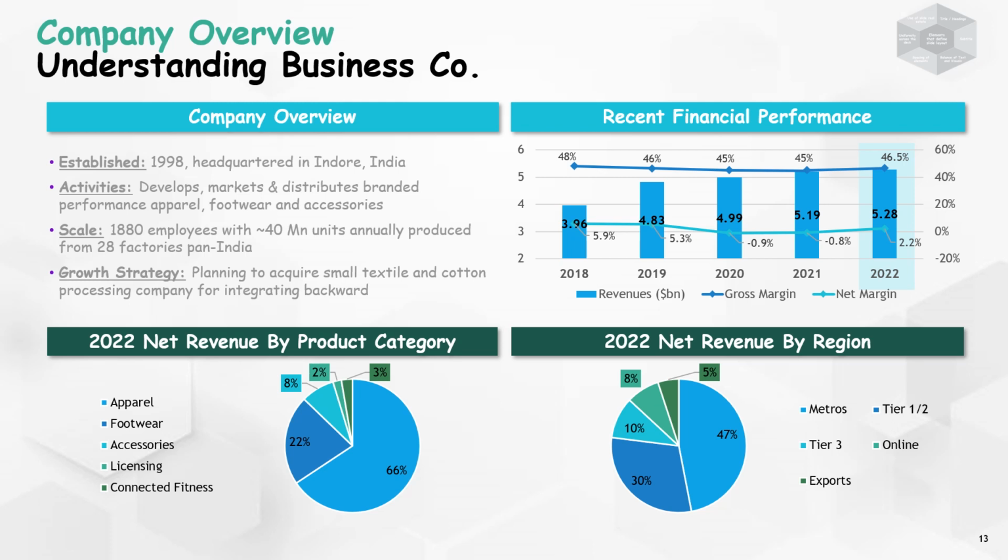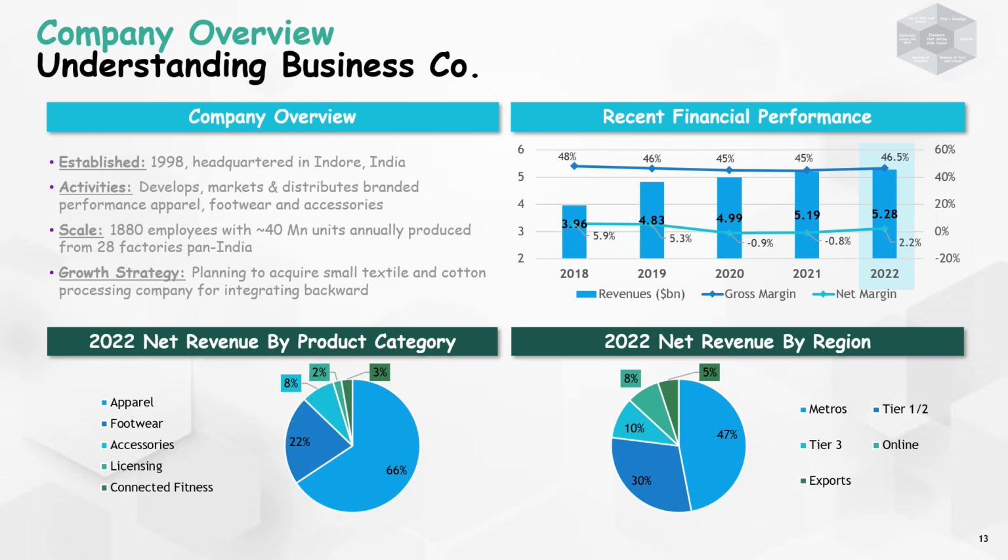Let's try to understand this in detail with an example. For example, I have been asked by my senior to depict the overview of a particular company, which is a business co. It's a hypothetical company, as I have mentioned. So as you can see here, it's a representation of the company overview in a slide. I have divided it into 4 sections.